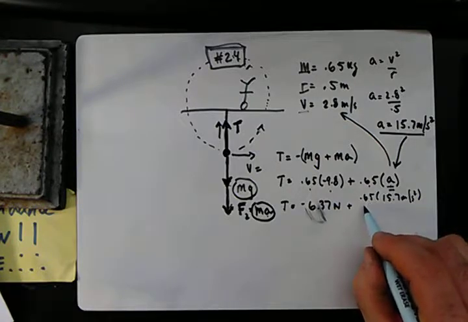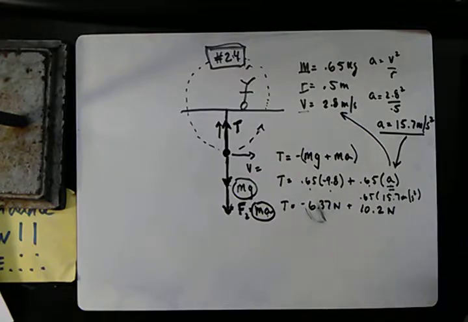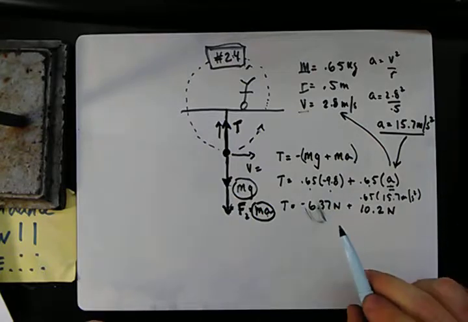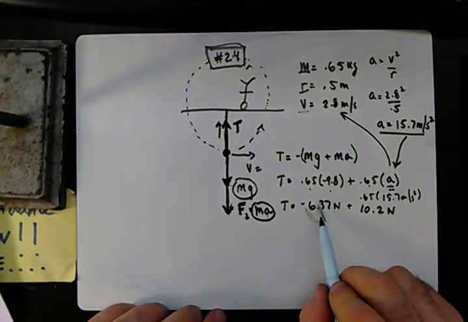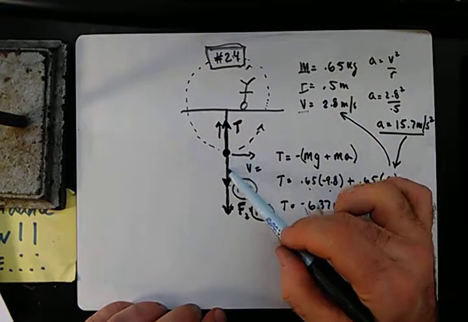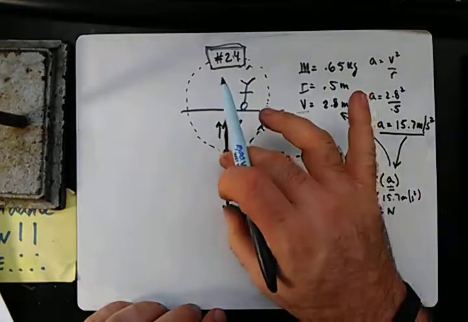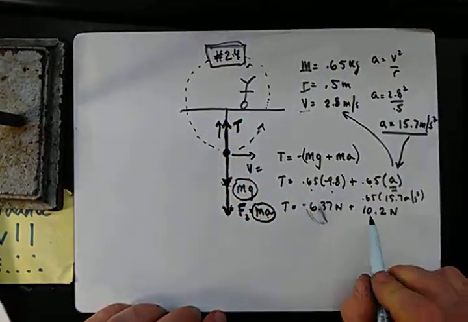So that would be plus 10.2 newtons. So now what we've got is a situation where we're adding this, and we're calling it this. Okay, we're making these two equivalent.